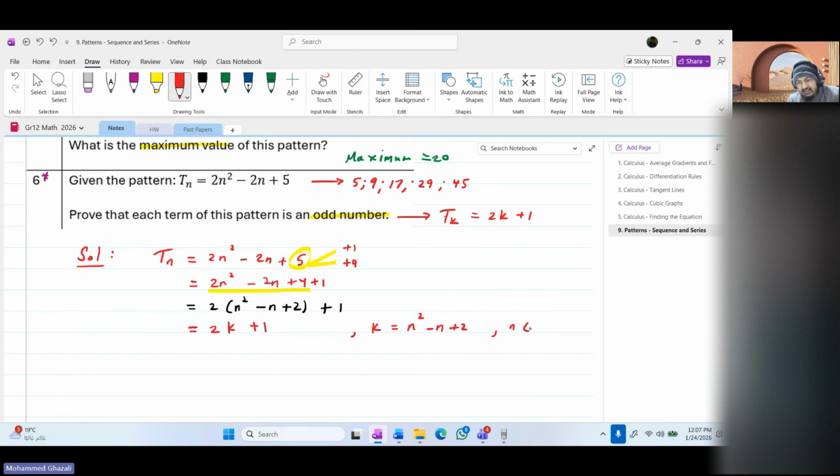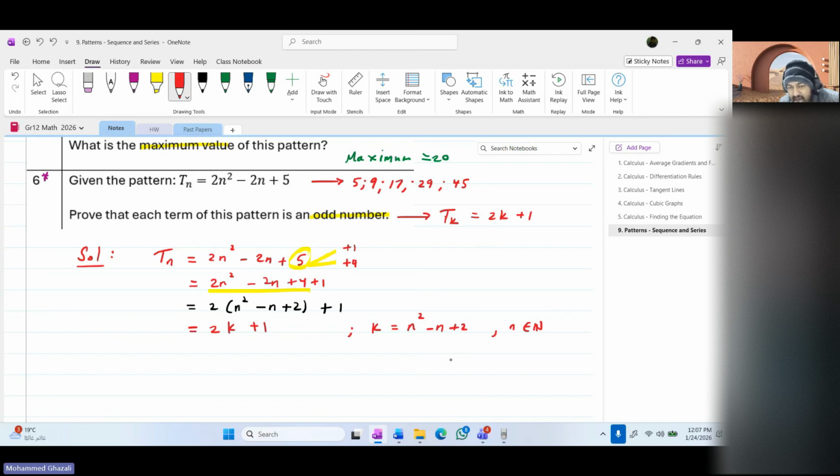Right, so remember, n was a natural number. K depends. If n is natural, then k will become an integer. Why is k an integer value? Because n squared minus n plus 2 can be positive or negative. But in this case, it was only positive.